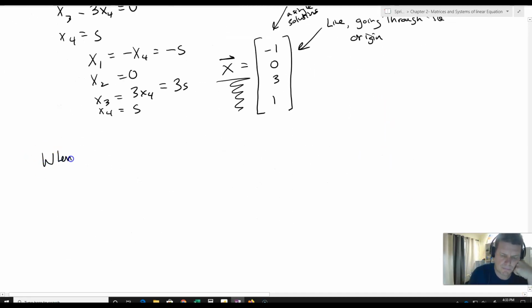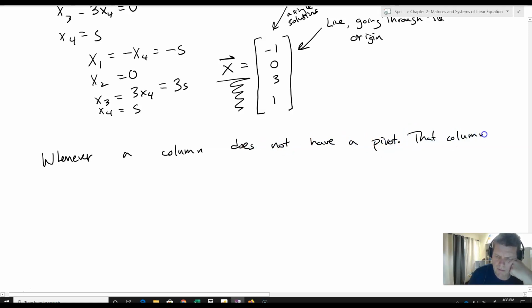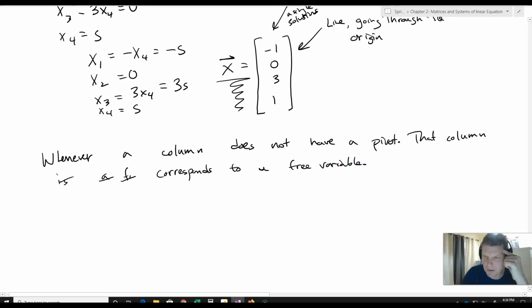Whenever a column does not have a pivot, that column is a free variable, or it corresponds to a free variable. All right, so that concludes our demonstration for Gaussian elimination at this moment.